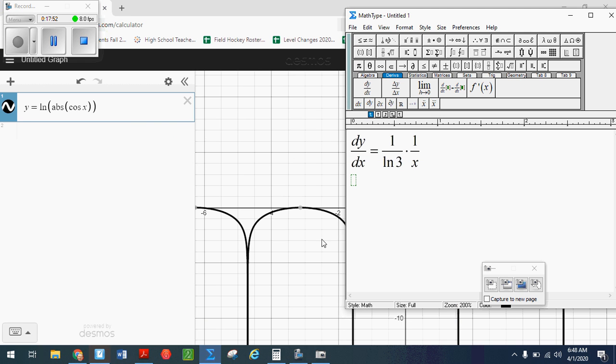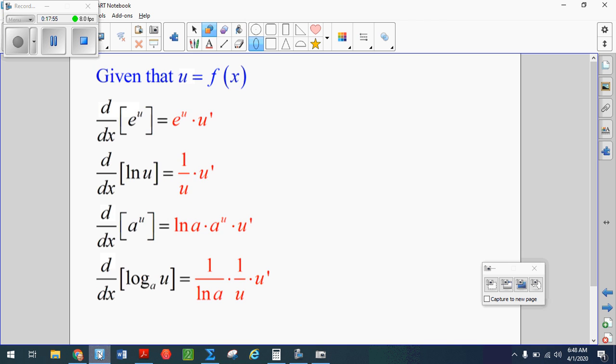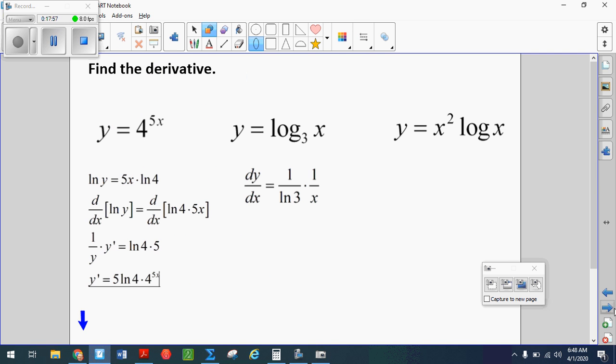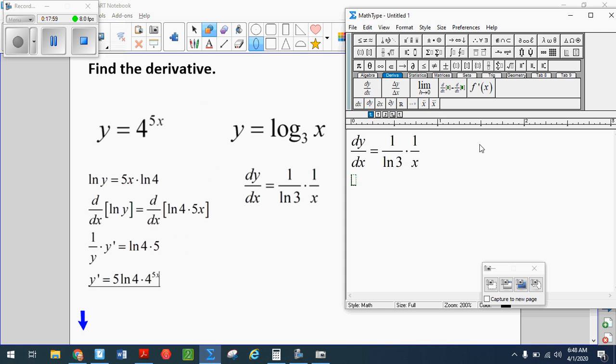And if you wanted to go back to looking at it the long way, like if I didn't want to use the rule, then I would say, well, y equals change of base. So natural log x over natural log 3, which you could write as 1 over natural log 3 times natural log x.